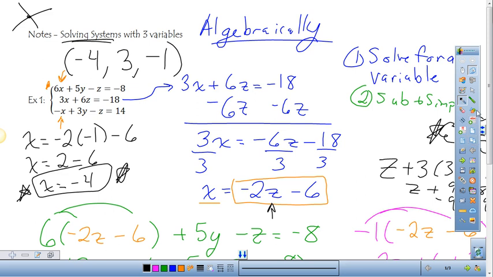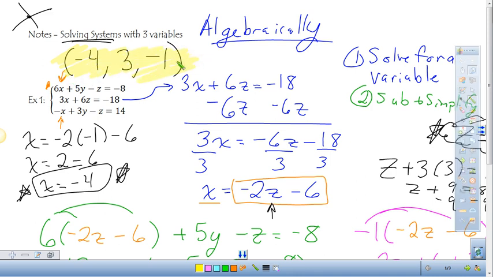Where's my highlighter? There it is. So this guy right here is your final answer. Okay, make sure that you write it as a coordinate. Alright? So, take a minute, kind of go back through that. I know my work's a little bit everywhere. Try to do it in different colors for you.